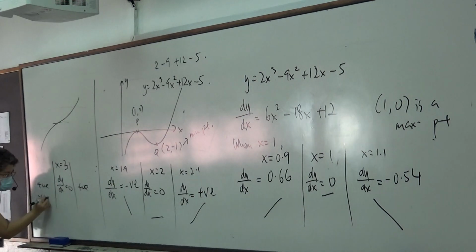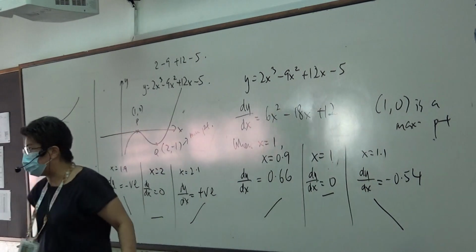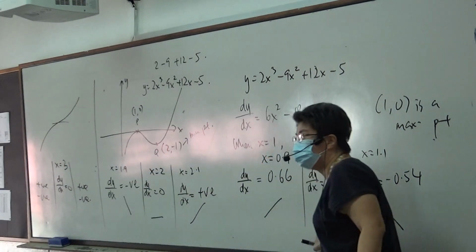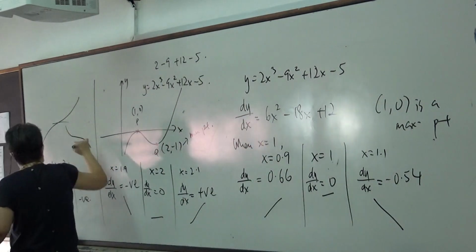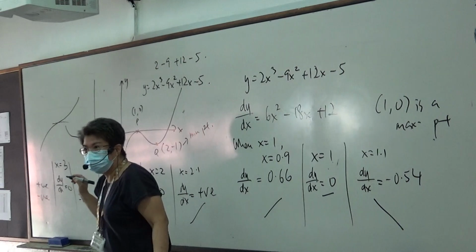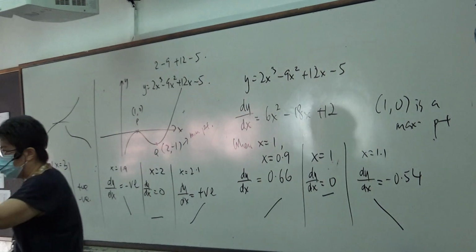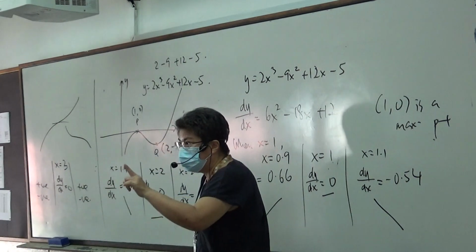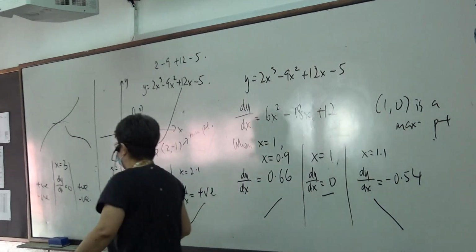Or if this side is negative, this side is also negative. That is a point of inflection. It will not change. You see, either it goes like that or it goes like that. Understand? If the sign doesn't change for the first derivative, that means it's a point of inflection. Everybody clear with what I'm saying here? Yes or no? Yes. Okay.